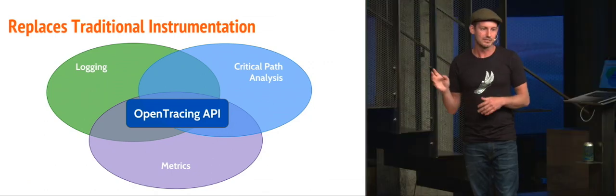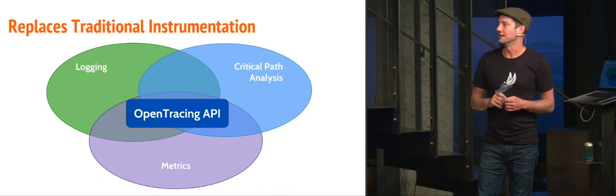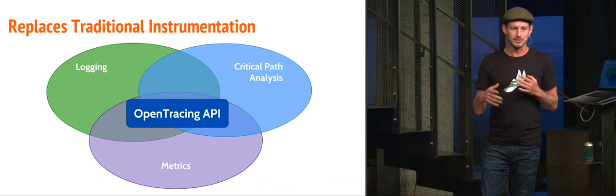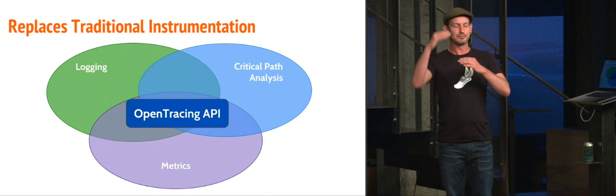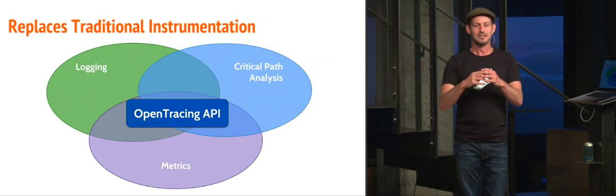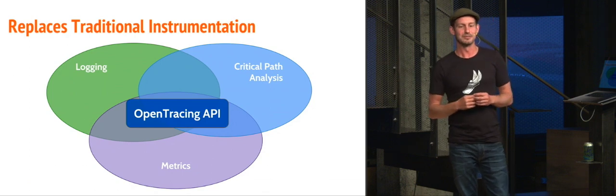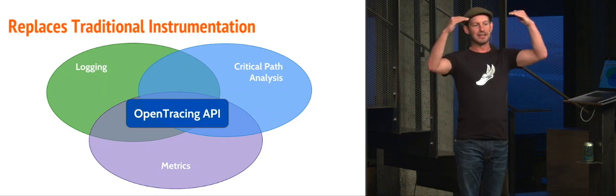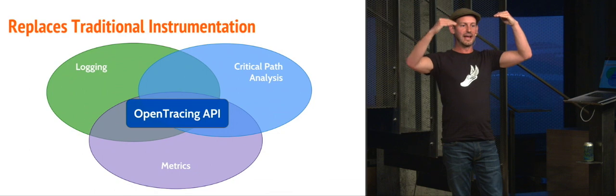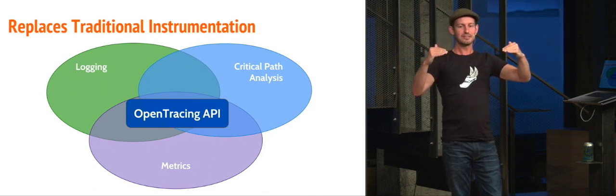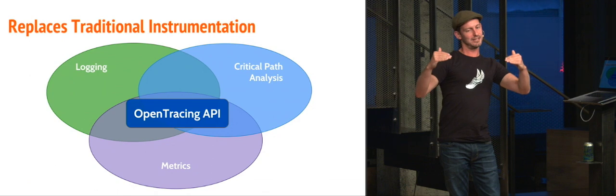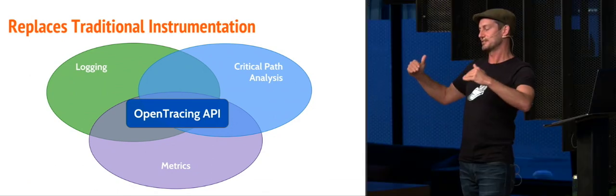This is a little aspirational with the current API, but I think once you start doing this in your system, it becomes obvious very quickly, because you'll end up with all this crazy duplication where you have some line of code that you want to instrument, and so you go get the span, go add some tags to the span about this piece of code, go log on the span, now go log again against your logging thing, now take those same tags or something similar to that and increment some counters.